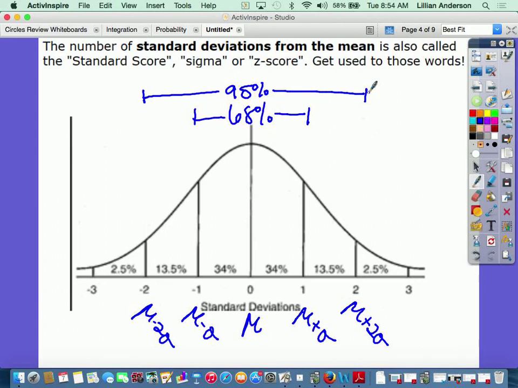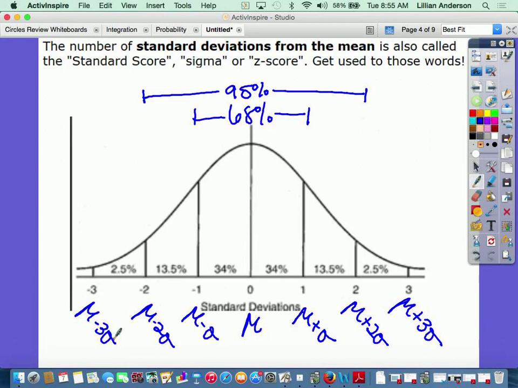The last one, you notice, goes in a pattern. This last interval is your mean plus 3 standard deviations, or your mean minus 3 standard deviations. Those intervals are broken down 2.5, 13.5, 34, 34, 13.5, 2.5. How much is that?